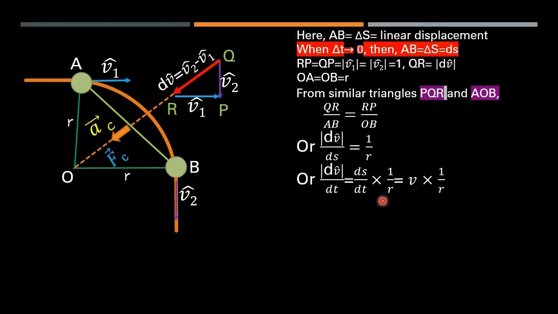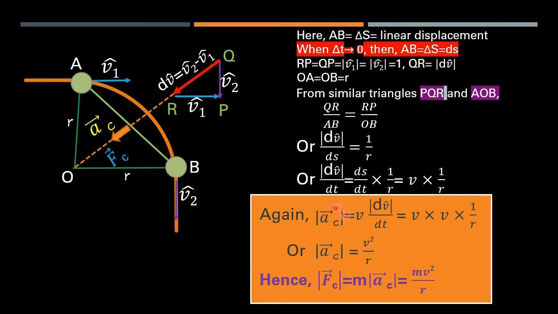Then we get these expressions, and in that expression ds by dt is the velocity v. Now the magnitude of centripetal acceleration is equal to modulus dv cap by dt, and when we replace modulus dv cap by dt by v into 1 by r, we get the magnitude of centripetal acceleration as v squared by r, and accordingly we get the magnitude of centripetal force as mv squared by r.